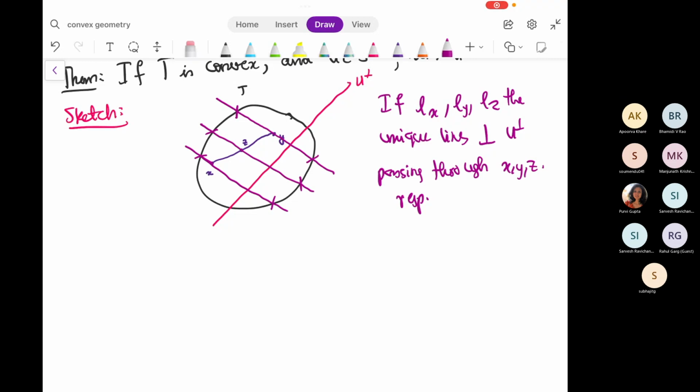Well, let's be formal at this point. So let's call Z as lambda X plus 1 minus lambda Y. What you will observe, so this is an observation, is that X, Y are points in T, and even Z is a point in T. So far, nothing.